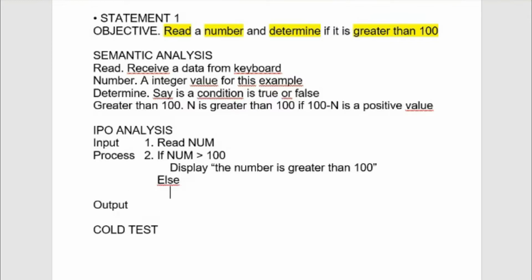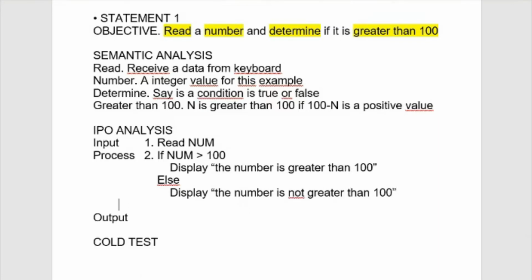But if the number is not greater than 100, you have to display the number is not greater than 100. And this is the end of this question, of this conditional, right?